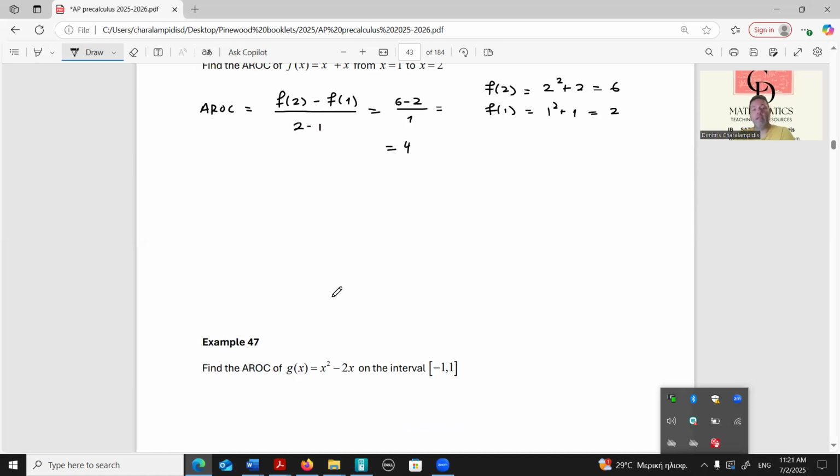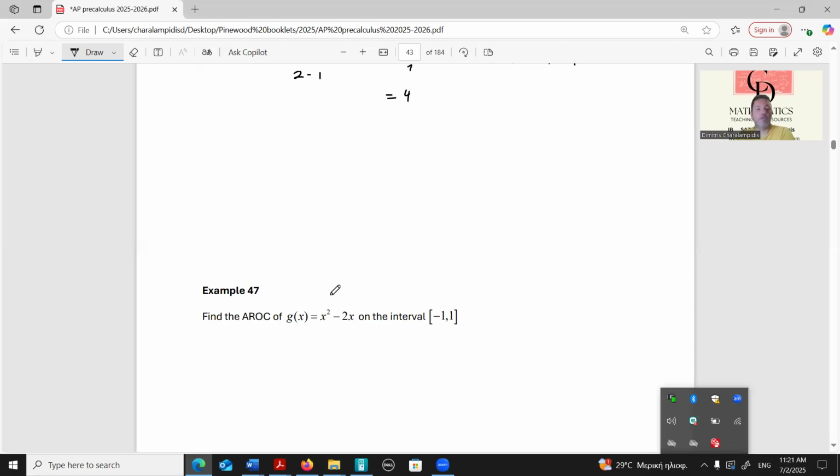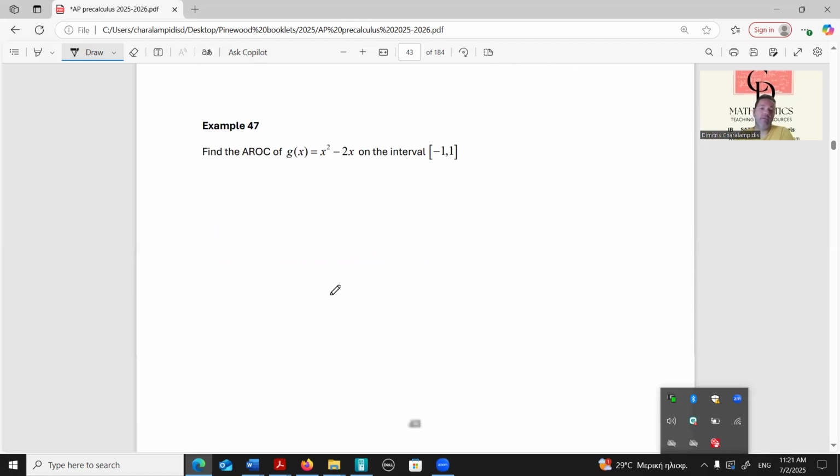In the next one, find the average rate of change of g of x, which is now defined by x squared minus 2x, on the interval [-1, 1]. So the average rate of change this time is g of 1 minus g of -1 over 1 minus -1.